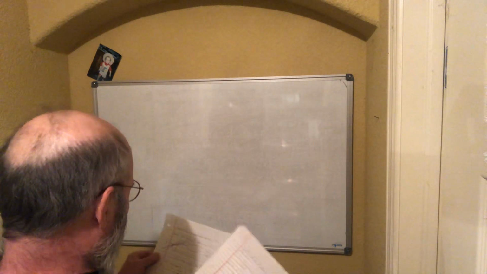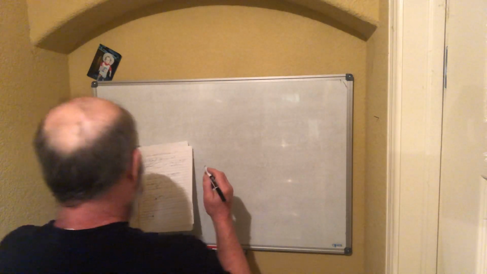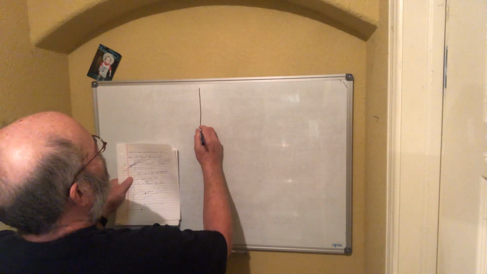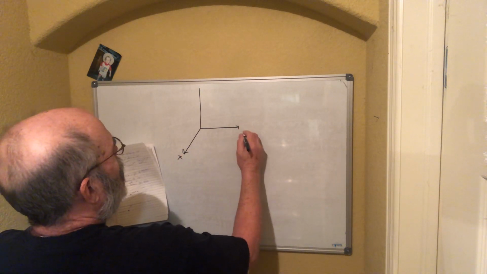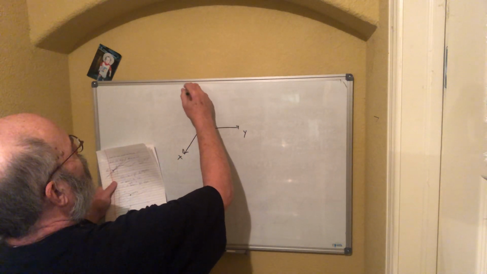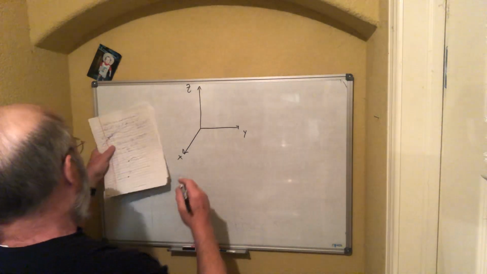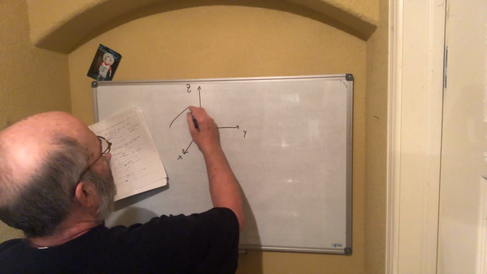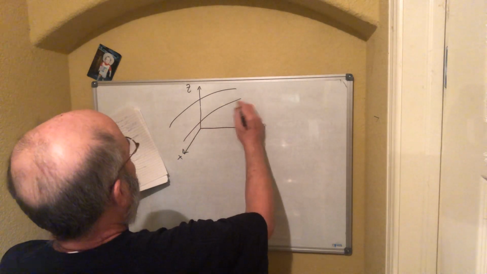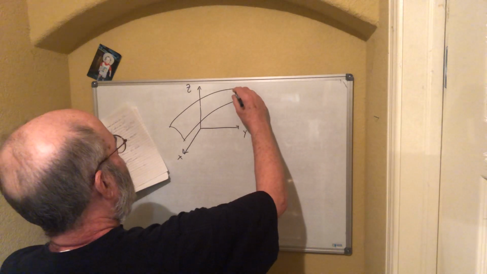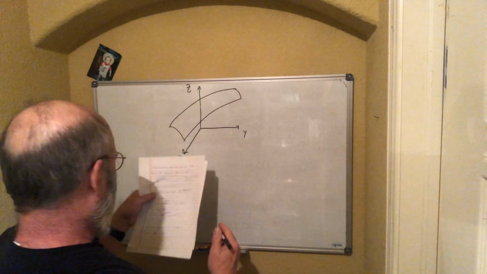So let me, with great trepidation, try to do a little picture in three dimensions. In three dimensions, with the usual right-handed coordinate layout, say that there's now a surface here. Let me try to draw it like that. The idea is that it's just supposed to be a piece of a curved surface sitting there.